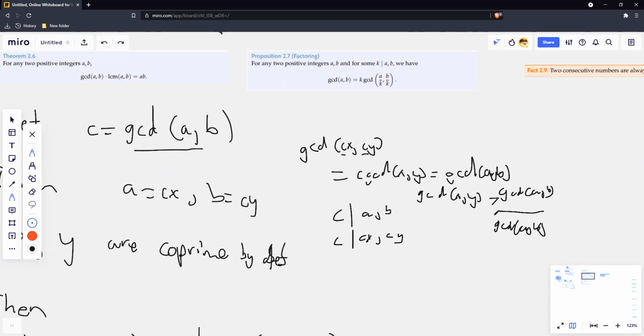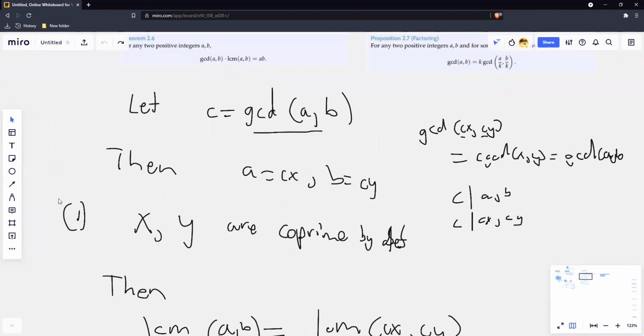You can also just use intuition. Since we already said C is equal to GCD(A, B), if X and Y are not coprime, then there'd be another factor times C, but we only said it's C. So therefore, they are coprime.